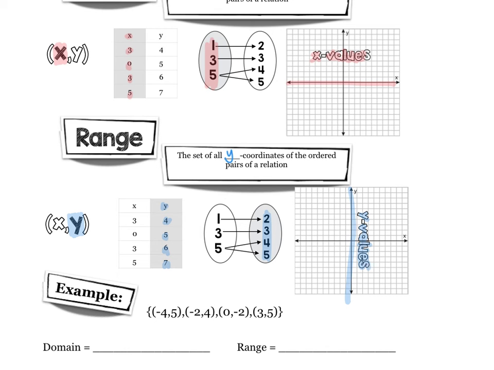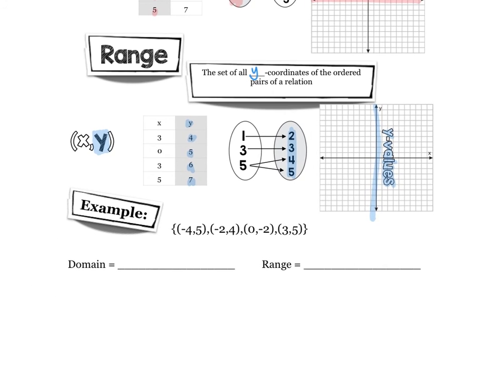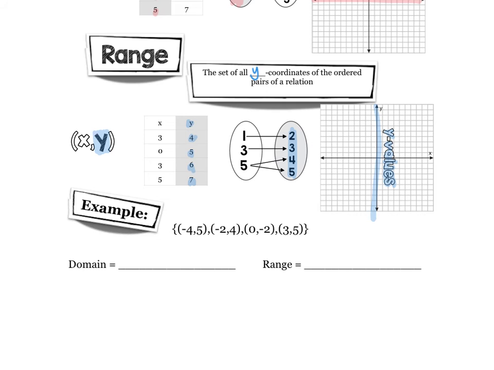So let's look at an example. When they give you a set of ordered pairs, like in our example, they want you to find the domain and the range. Okay? So remember, the domain is all of your x values. In an ordered pair, they're always in the form x, comma, y. That is how an ordered pair is set up.